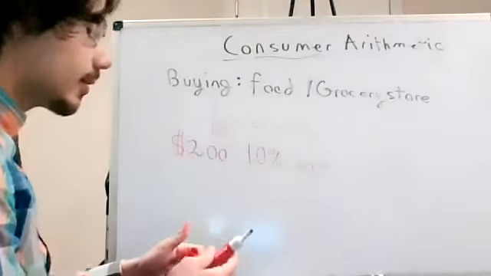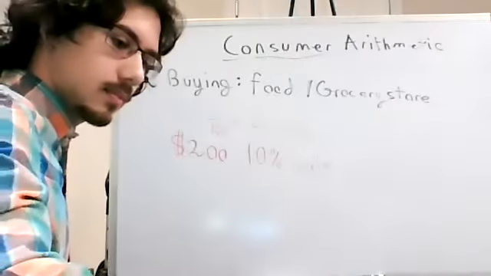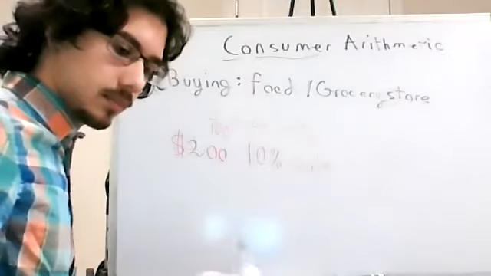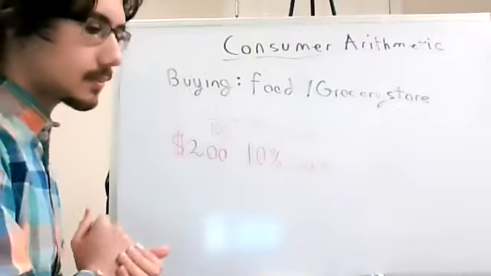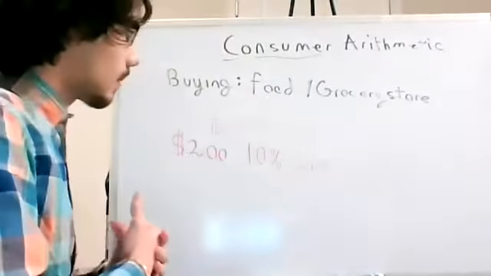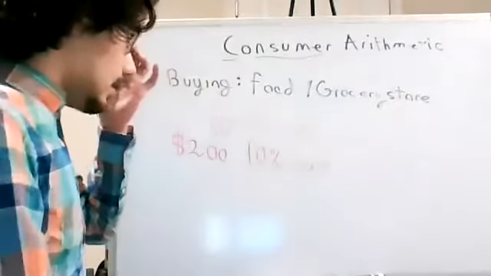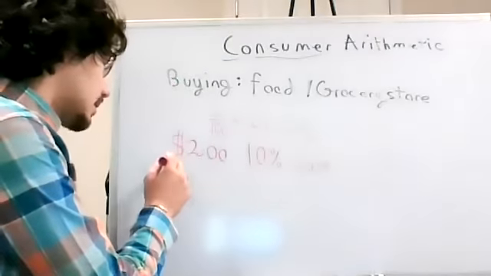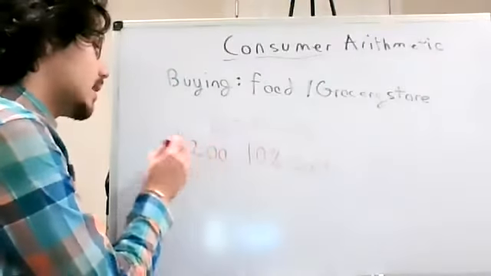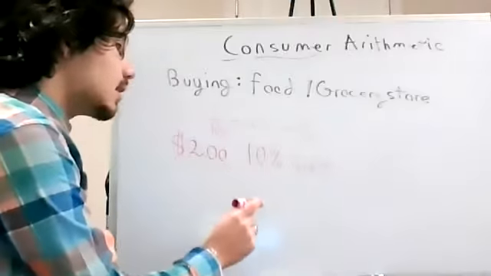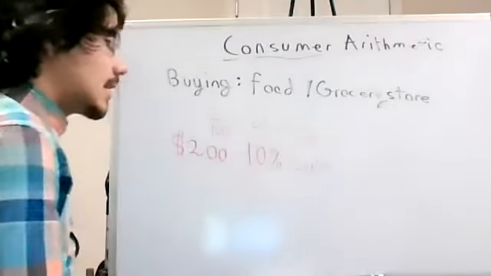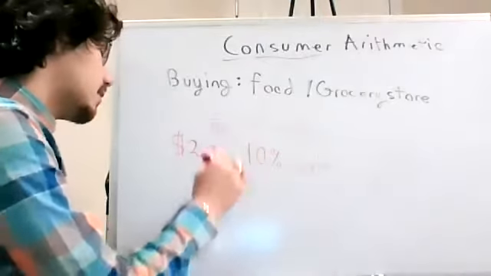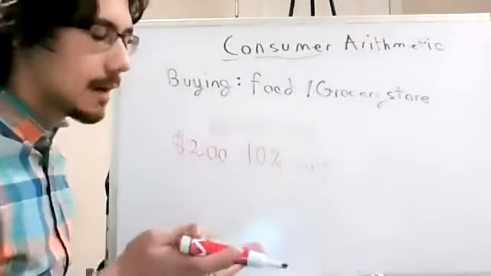So what happens with a sale? When an item is on sale, the item costs a certain amount. Here's our $200. When they advertise 10% off, that means they're taking away 10% from 200. Does that make sense?